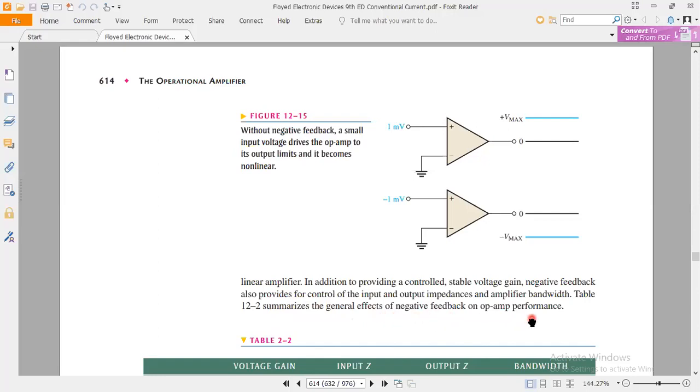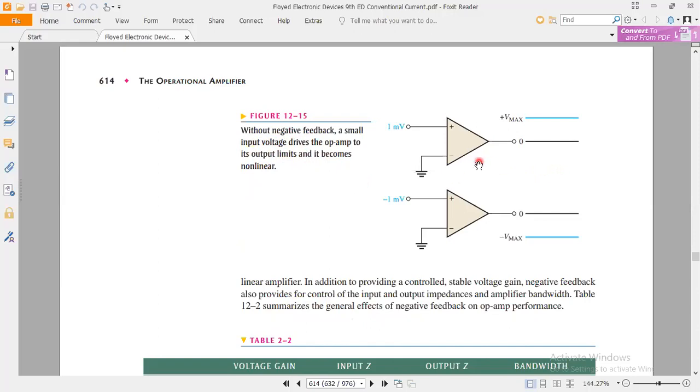To summarize the concept: without negative feedback, a small input voltage drives an op-amp to its output limits and it becomes non-linear, meaning it reaches the saturation level, where it is out of control and cannot be controlled by the setting parameters.